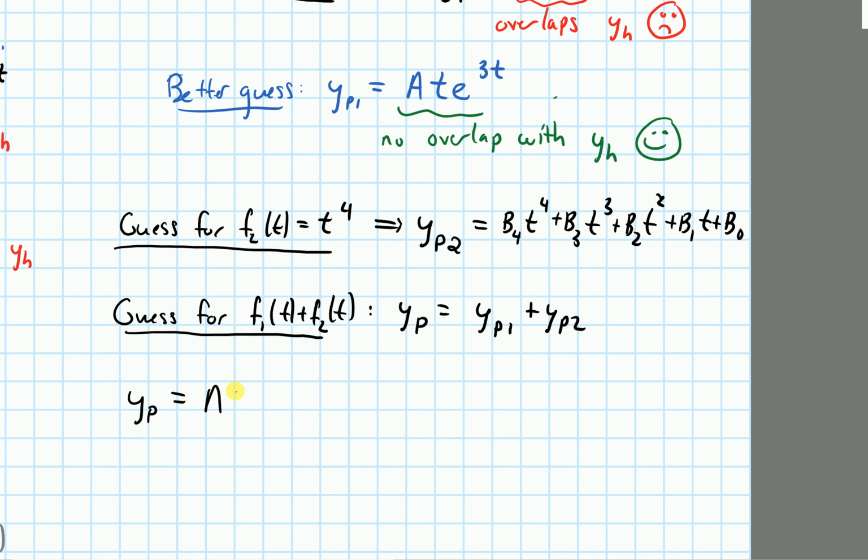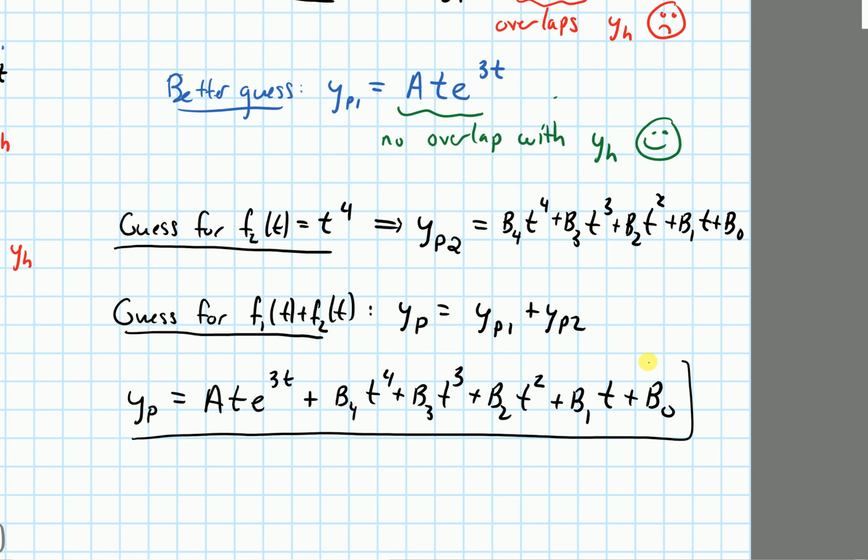Our first guess was a times t times e to the 3t. That was for the exponential part. And for the polynomial part, we have b4 t to the 4 plus b3 t cubed plus b2 t squared plus b1 t plus b naught. And that's the form of our particular solution. This is what it would look like.